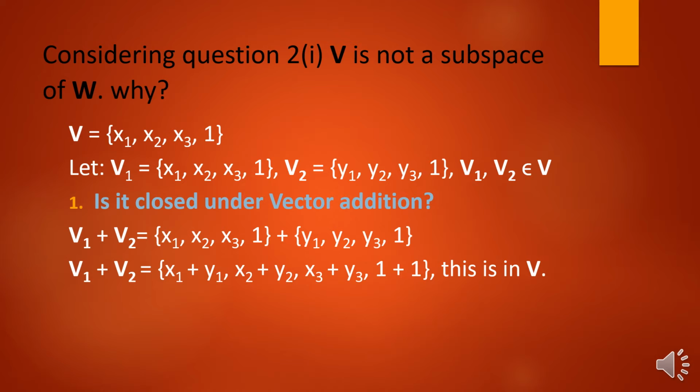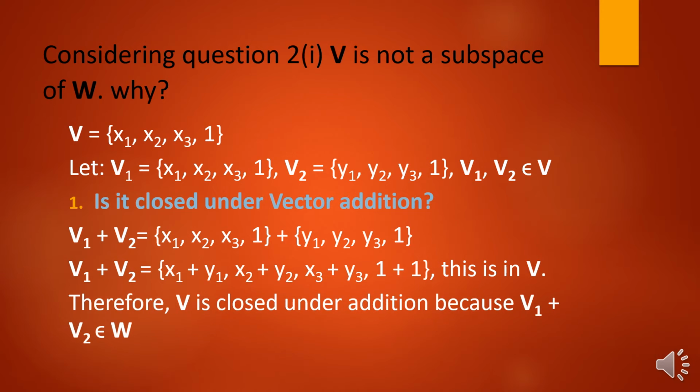And when you look at that set, it is found in V. Therefore, V is closed under addition, because V1 plus V2 is in V, and it is also in W. So it is fulfilling the first condition, but we must look at the second condition also.